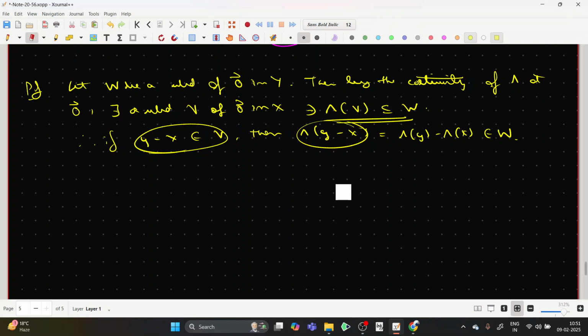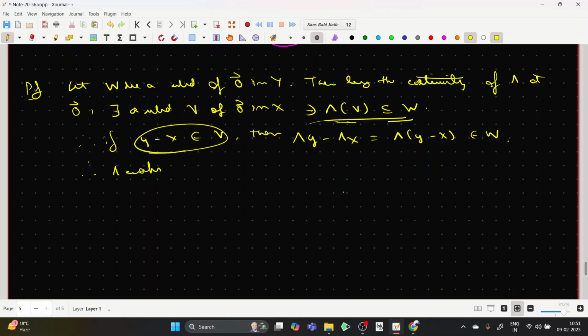I should have written this in the reverse way, that will make it look beautiful, to me at least. That is, lambda evaluated at y minus lambda evaluated at x is the same as lambda evaluated at y minus x, but y minus x is in V and lambda V is inside W, so this must be inside W. What does this mean? Therefore, these elements y come from the open neighborhood x plus V by translation, and these elements lambda y come from the neighborhood lambda x plus W by translation.